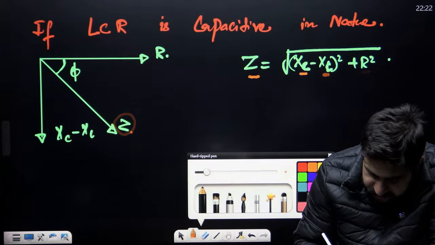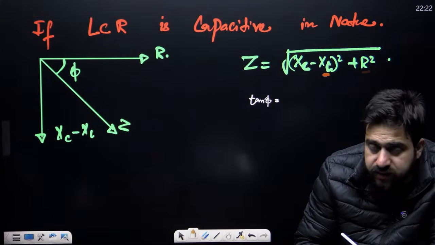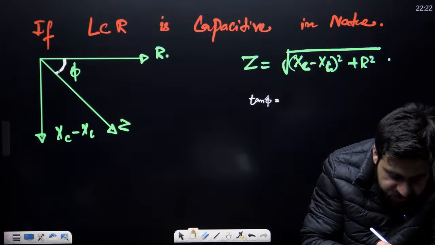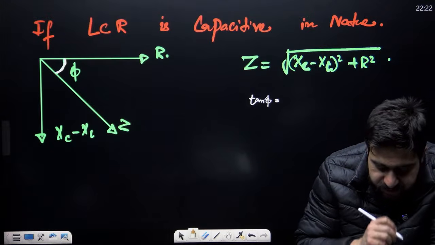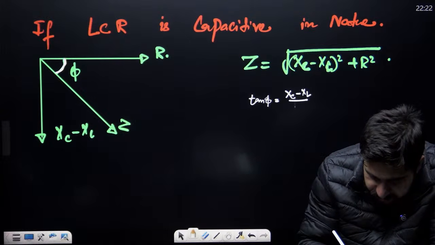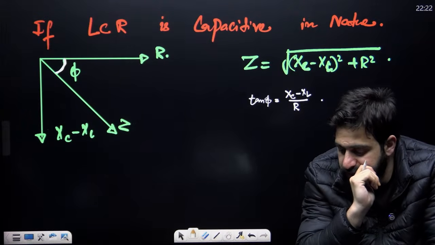And my dear NEET aspirants, tan phi will come out to be perpendicular by base. If phi is the angle with R as base, XC minus XL is the perpendicular. So it will be XC minus XL divided by R.